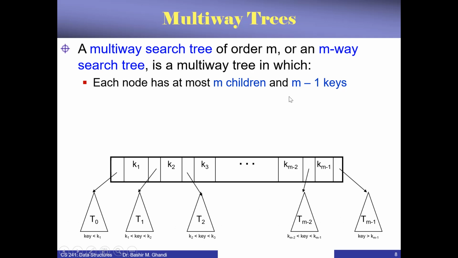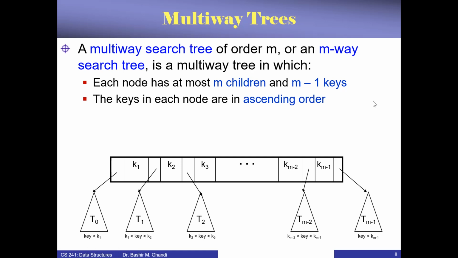And therefore, M-1 keys. Like binary has 1 key in each node, which is 2 minus 1. So similarly here, the keys are going to be M-1, if you count them from K1, K2, K3 until Km-1. Okay, so this is one property.